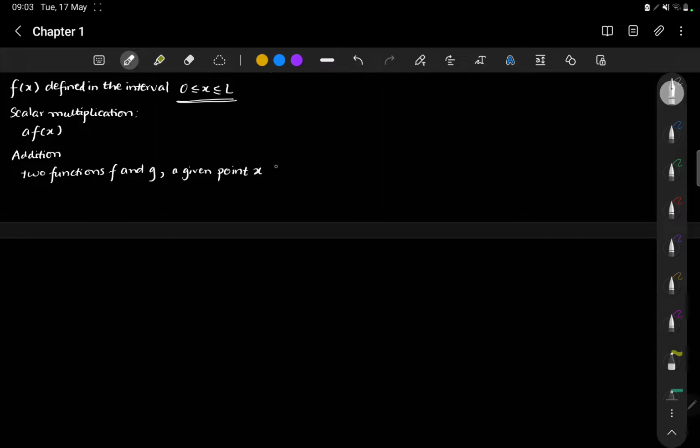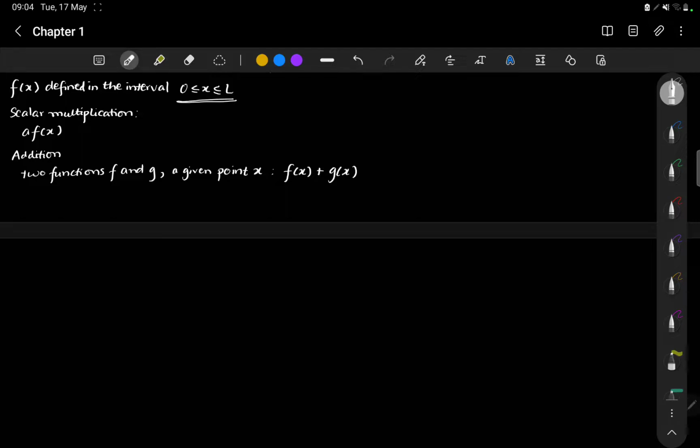So we define the addition in a way that f of x plus g of x gives us the value of the sum of these two functions at a given point x. So we have two functions f and g, then at a given point x, this is how we define the sum. So we have scalar multiplication, we have addition. So from these we will see that the axioms are being verified.